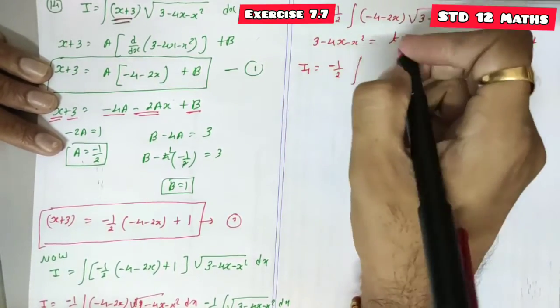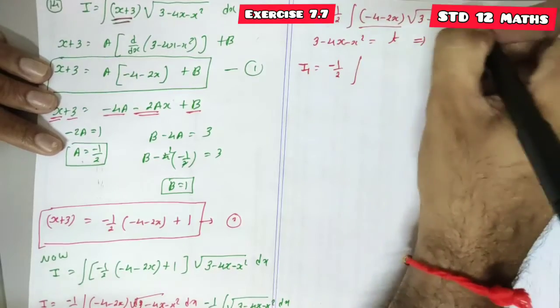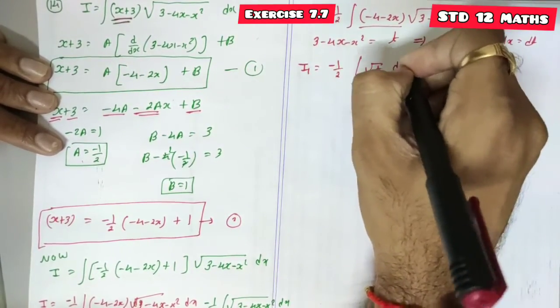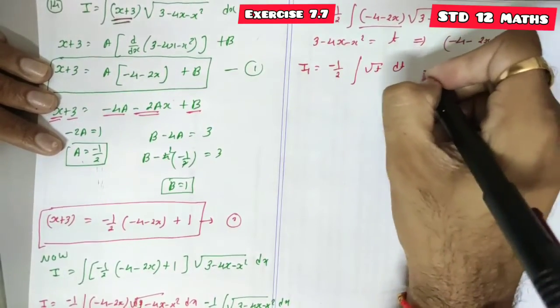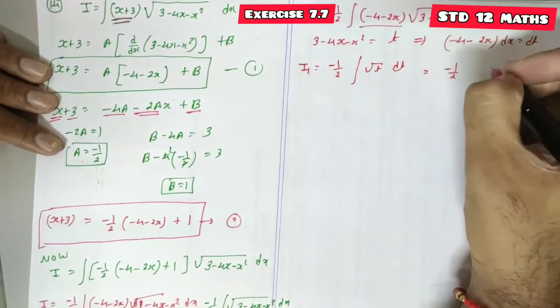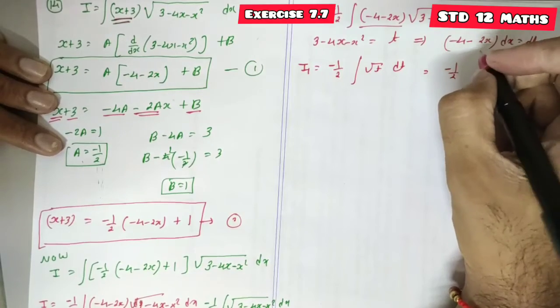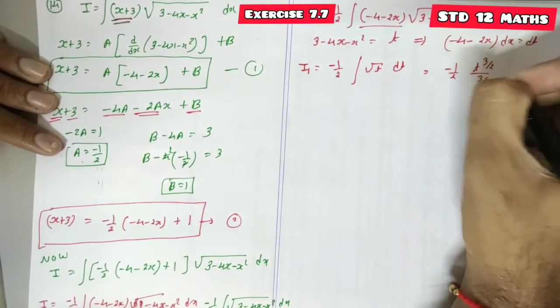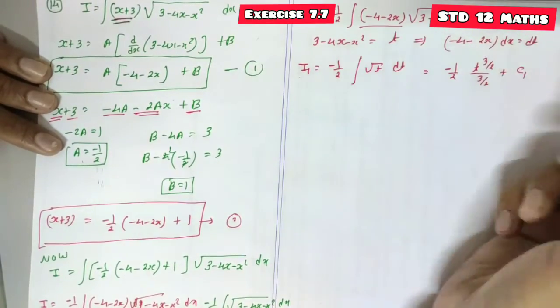So now our integration I1 is minus 1 by 2 constant. Now this integration minus 4 minus 2x dx is dt, and this one is square root of t dt. इसका इंटीग्रेशन कई बार किया, so it's minus 1 by 2 t raised to 1 by 2 का इंटीग्रेशन t raised to 3 by 2 upon 3 by 2 plus constant c1 for I1.